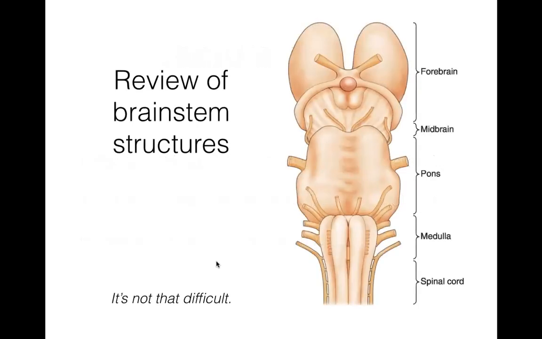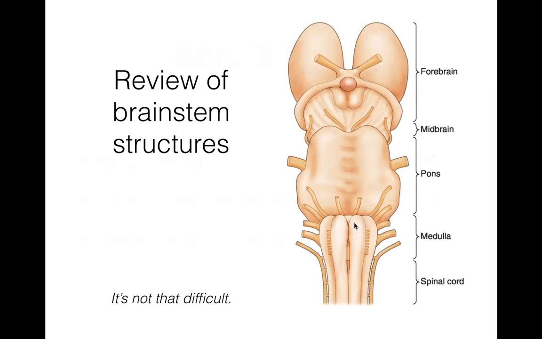Now let's have a brief review of the structures that are located within the brainstem. Remember that the brainstem is composed of three major structures: the midbrain superiorly, the pons in the middle, and the medulla oblongata inferiorly, which of course is continuous with the spinal cord.